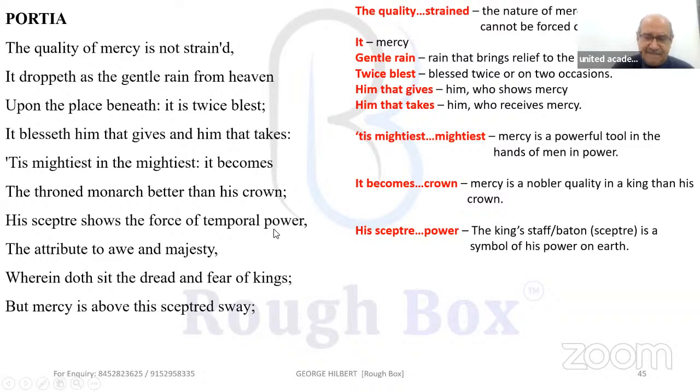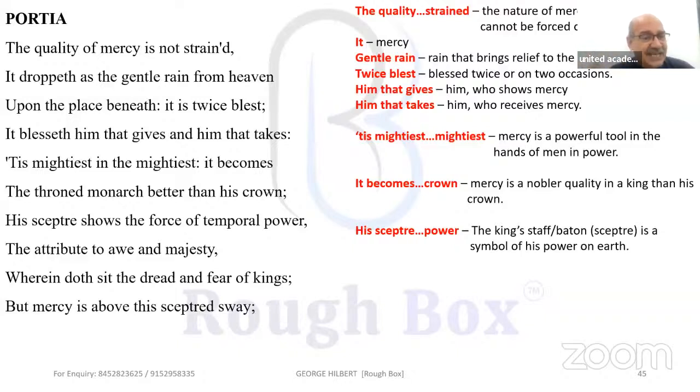The scepter is nothing but a symbol of the king's power on earth, because you can physically see it. That scepter is the attribute to awe and majesty. When you see the crown of the king, when you see the scepter of the king, you look up to the king in awe and majesty, in great admiration for the king.